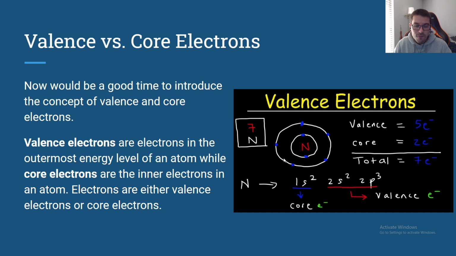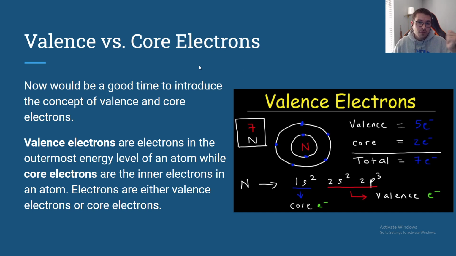Those are the 5 valence electrons. The core electrons are these 2 in the first energy level, okay? And if this were a much bigger Bohr model, then I would have a lot more core electrons, okay? Your valence electrons are only ever going to be the very outermost ring, okay? And in fact, you can never have more than 8 valence electrons due to how electron configurations work.